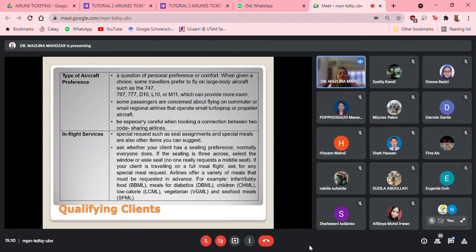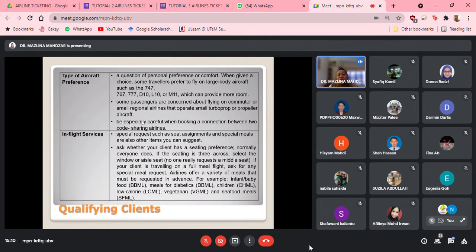Okay, so in the flight services, these are the normal requests that can be made, as you see in the notes slides. If seating is 3 across, select the window or aisle seat and so on. Ask for special meal requests. So you have to inform. Sometimes you have to offer.